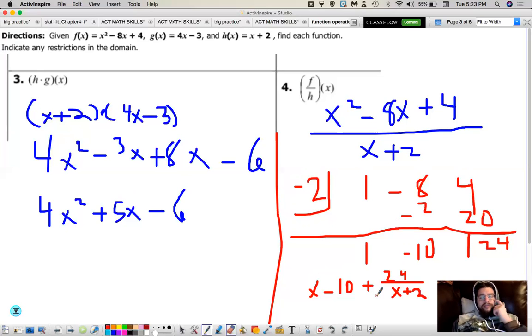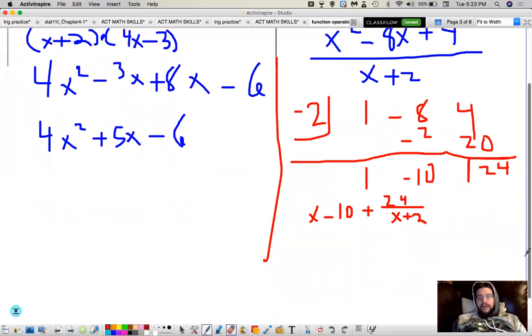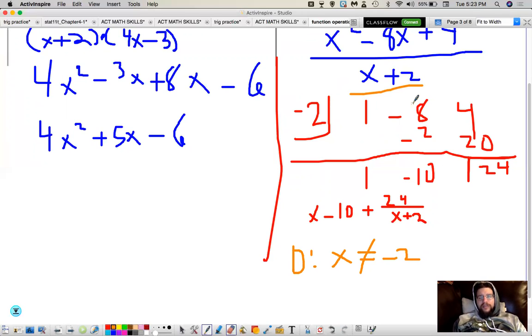If we check, sure enough, there's something we cannot have. What can we not have here? x cannot be equal to negative 2. That's what's happening. Because if it was, that would be 0, and then we'd be dividing by 0. Can't have that.